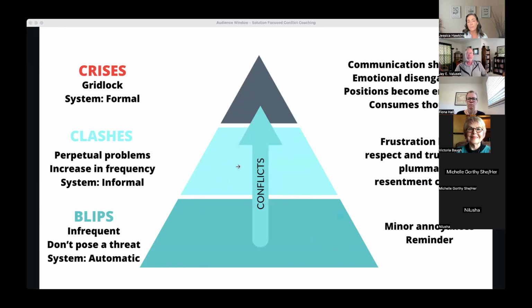Probably, I would imagine, because we tend to be conflict avoiders. So we're maybe not addressing it, or we're not addressing it constructively. And so it's continuing to happen. And the problem with that is it rises up. And once it crosses over this threshold into crisis mode, a lot of damage can be done.